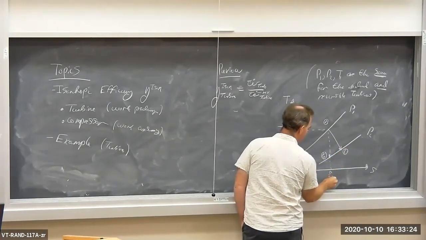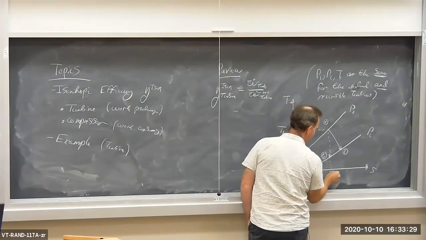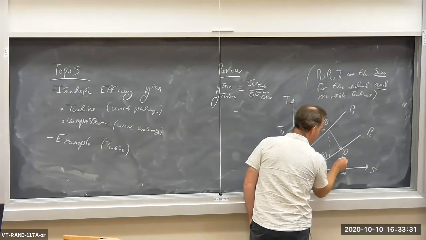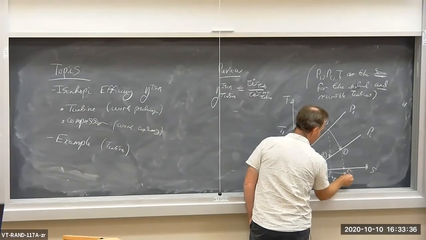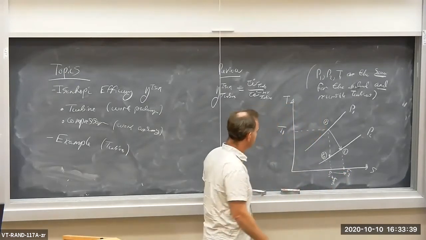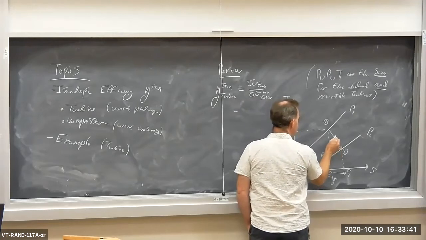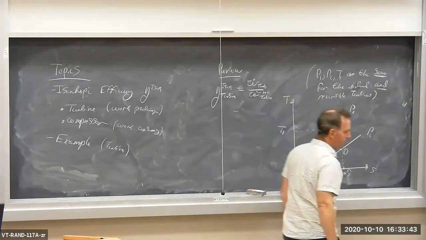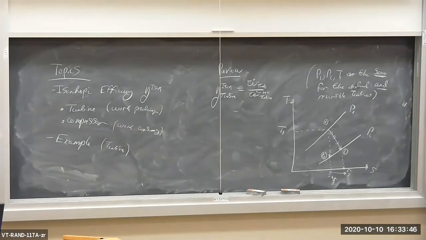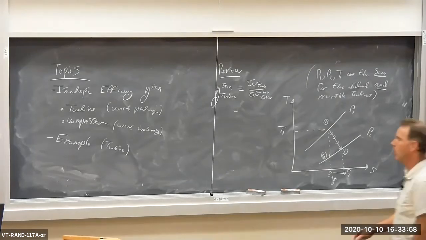So S1 is equal to S2 sub S. That's for the isentropic device. And the real device ends up at S2. Okay? So this is how you compare the two devices on a TS diagram. One is reversible, one is not. And the isentropic efficiency is defined as the ratio of the work or powers produced.